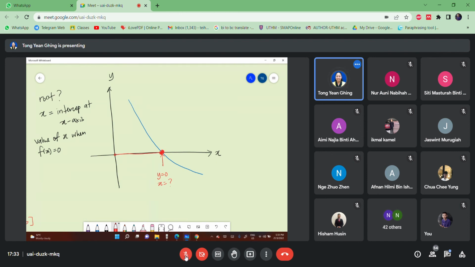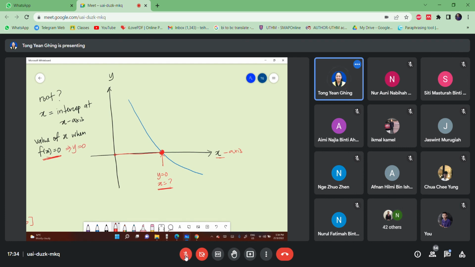So, root is the value of x when it intercepts the x axis. This is the x axis. That means when f(x) is 0. Do you understand or not? f(x) means y, so y is 0.